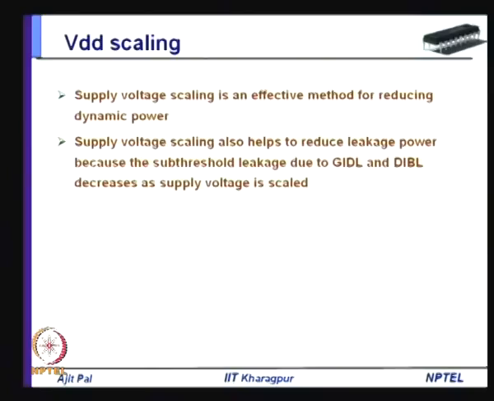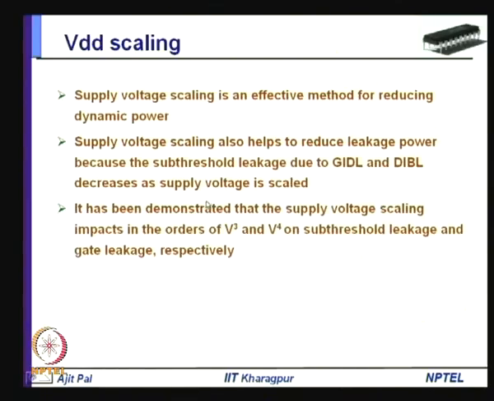That means, whenever you are doing supply voltage scaling, you are not only reducing the dynamic power, but it also reduces the static power because of these two phenomena, GIDL and DIBL. So, it has been demonstrated that the supply voltage scaling impacts in the orders of V cube and V to the power 4 on subthreshold leakage and gate leakage respectively. That means, we may consider supply voltage scaling as a technique to reduce leakage power.